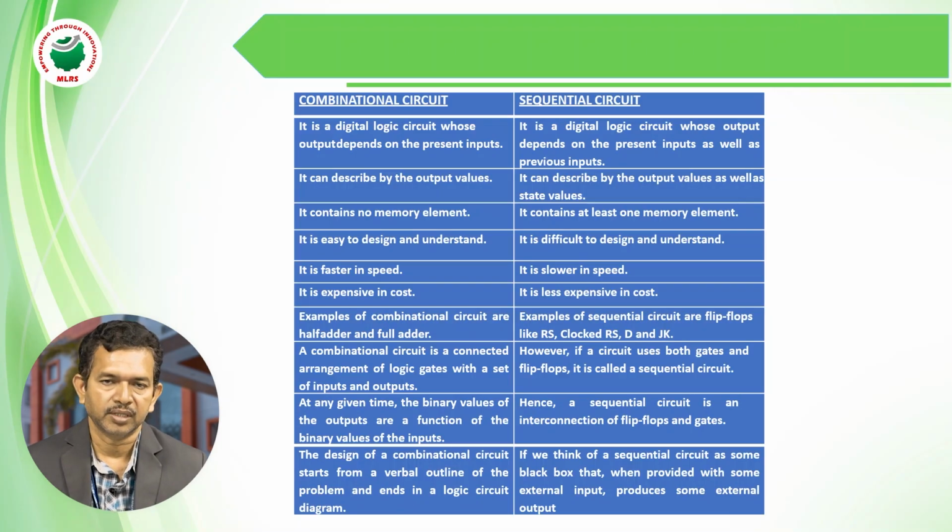So the combinational circuit doesn't contain any memory element, while the sequential circuit contains memory elements. Likewise, we'll see the differences between the combinational circuit and the sequential circuit in detail, with the circuit diagrams of each, in the next class.